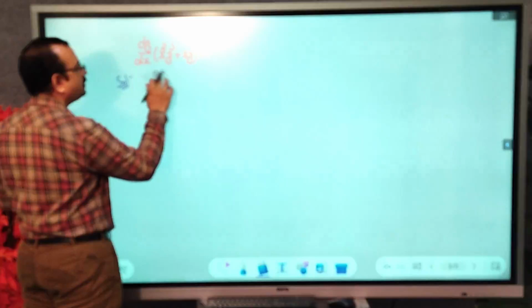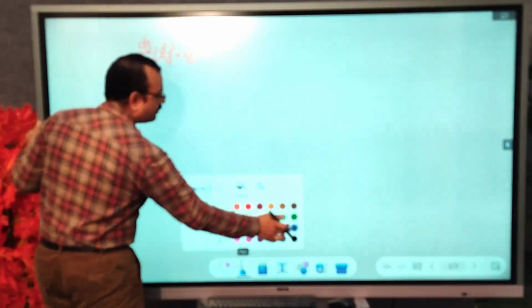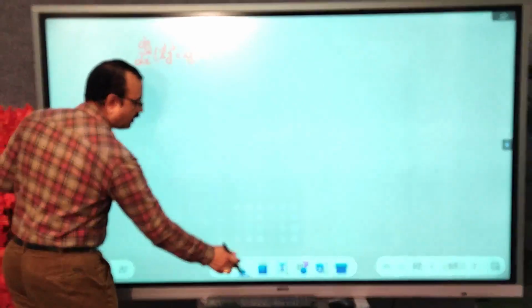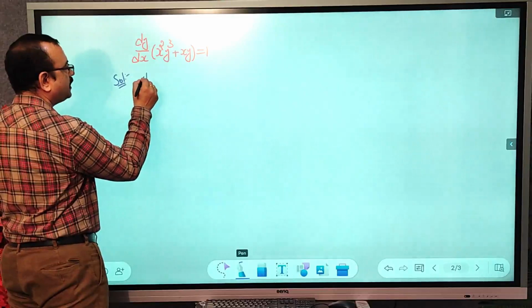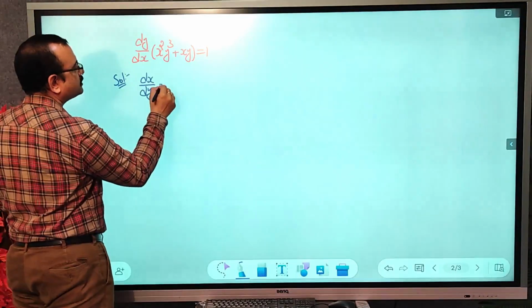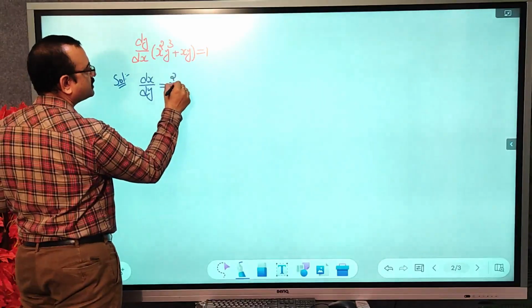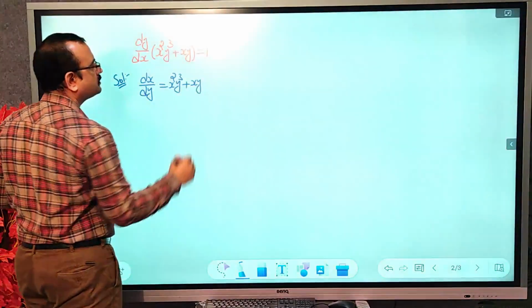So that's why better you write it in the form of dx by dy, so that we can easily simplify and we can separate the variables. So now we can write it as dx by dy.